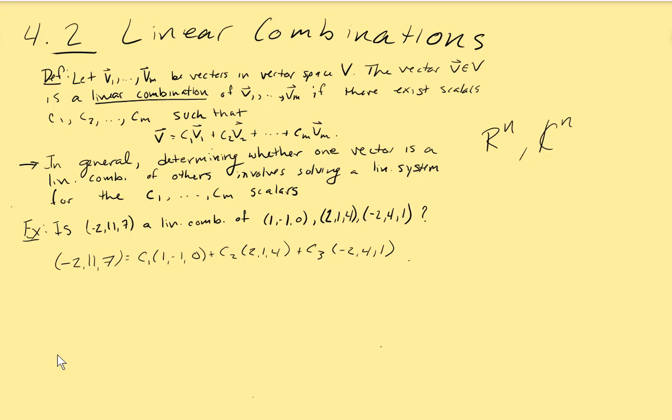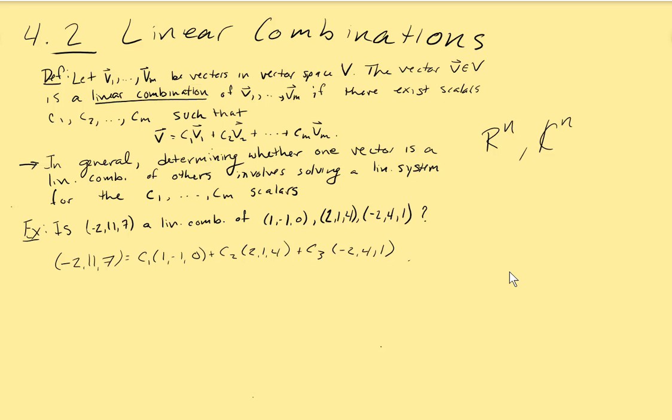And if we can solve this system for those c values, c1, c2, c3, we will know that, yeah, -2, 11, 7 is a linear combination of those other three vectors. So we try to solve this equation for c1, c2, and c3.